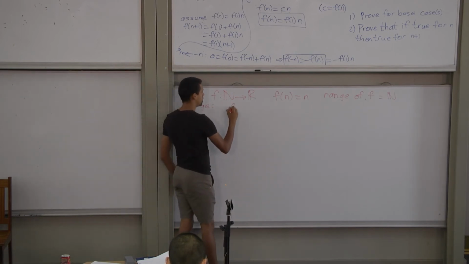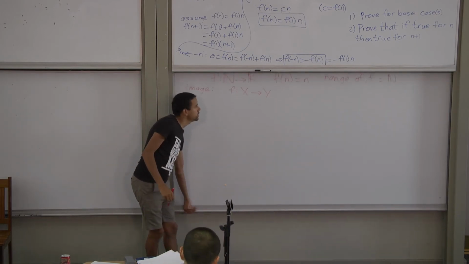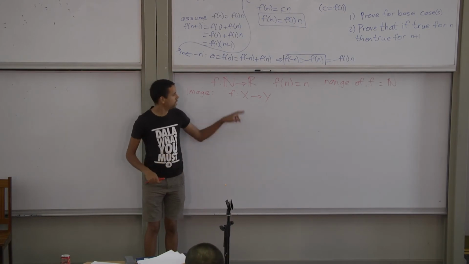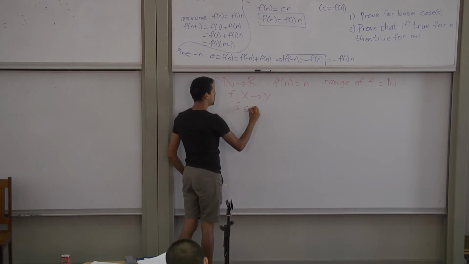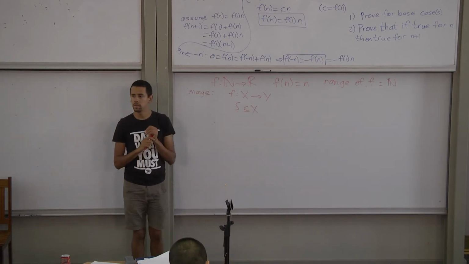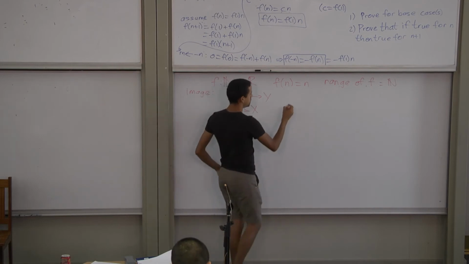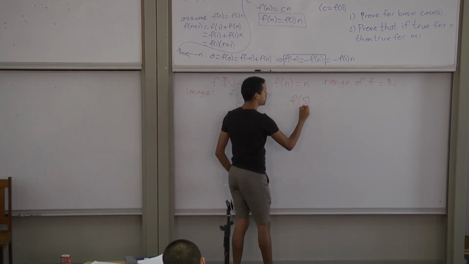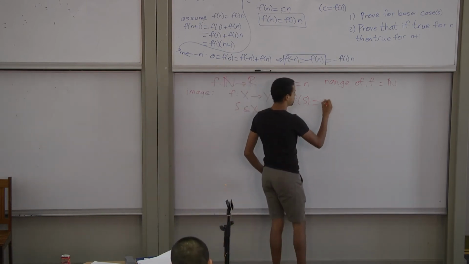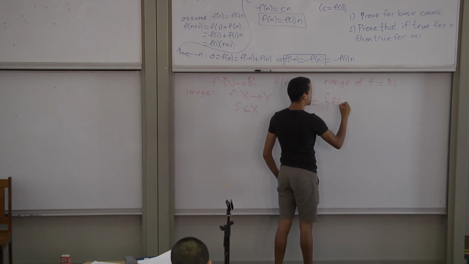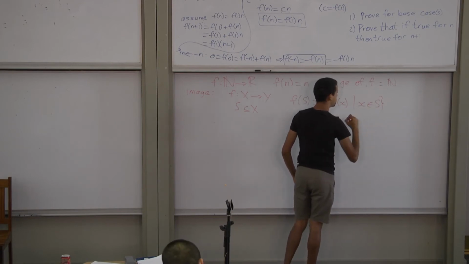If you have a function from x to y, and you have a subset of your domain, so let's say S is some subset of your domain on the left-hand side, then we can denote the following by f of your subset. And it's defined as follows. It's the set of all values of f of x, where x is in your subset.